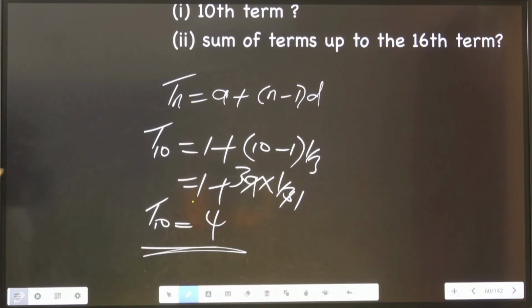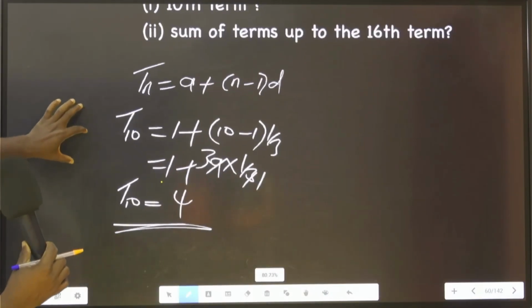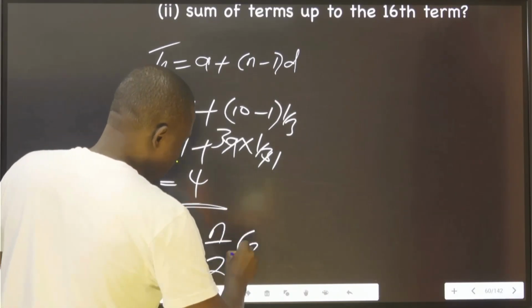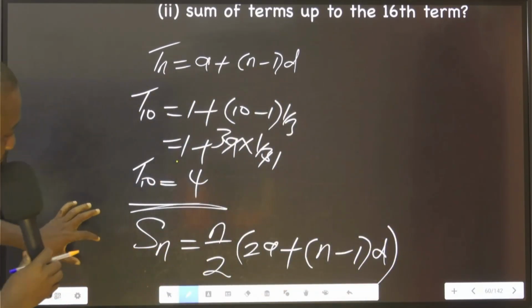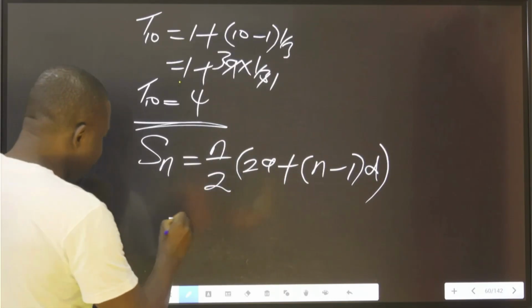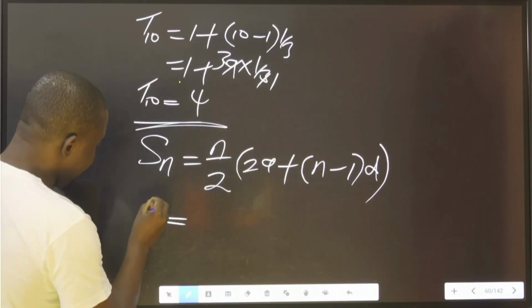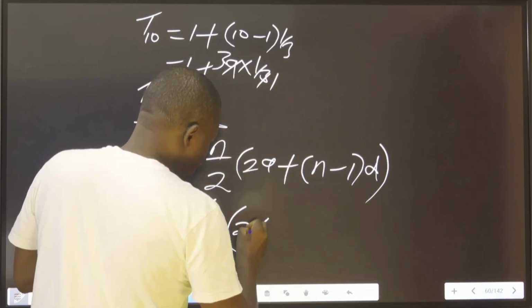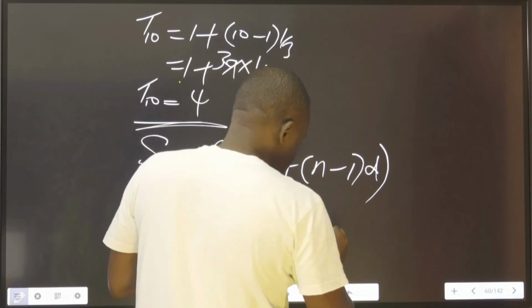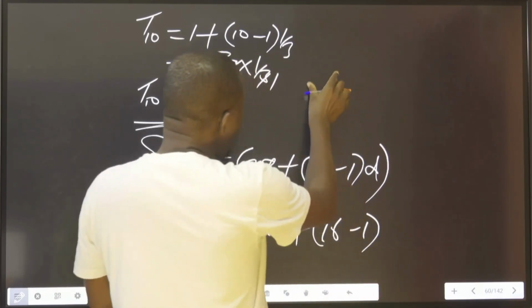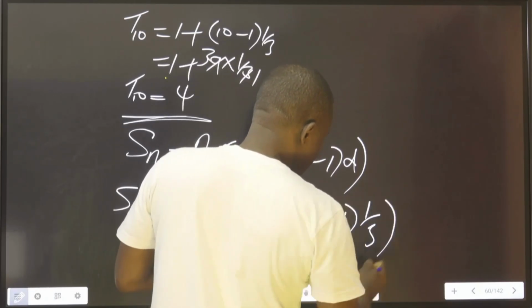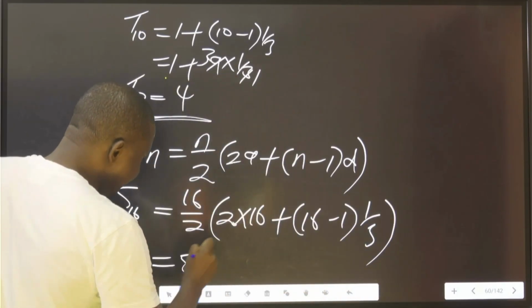We are asked to find the sum of terms up to 60 terms. We put out the formula, okay? What term are we talking about? 16 over 2. The common difference is 1 over 3. That is 8.